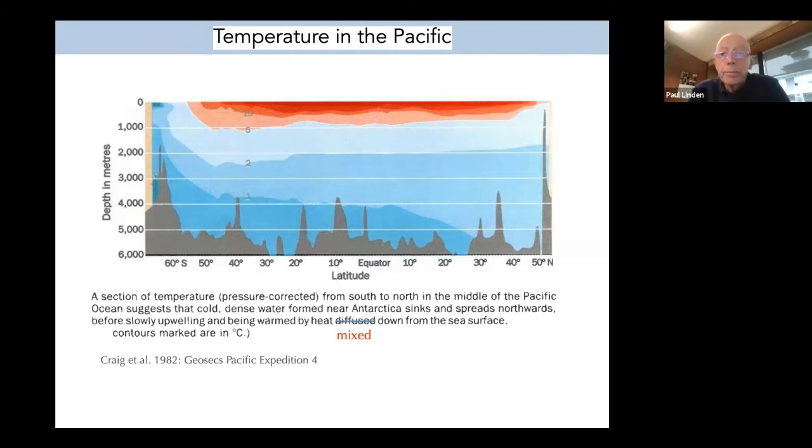This is a picture of the temperature stratification in the Pacific, measured 40 years ago, but obviously still current, showing in colors, and you can perhaps read the temperature contours. So 1 degree on the blue line, and then up to 10 and warmer waters at the surface.